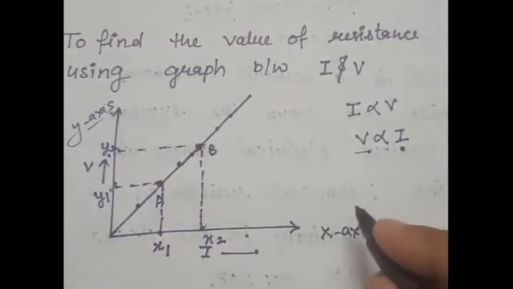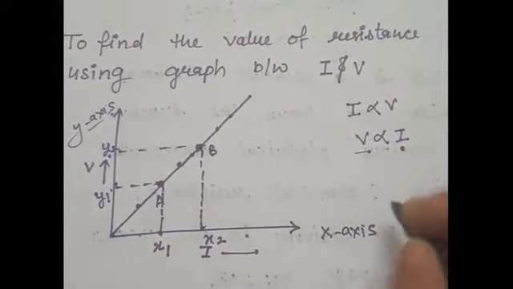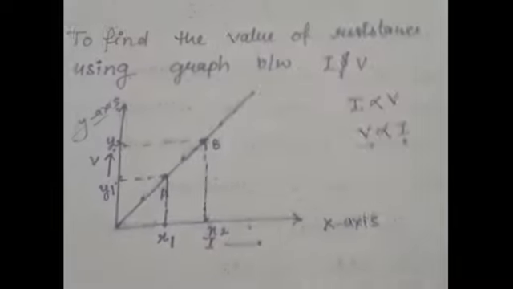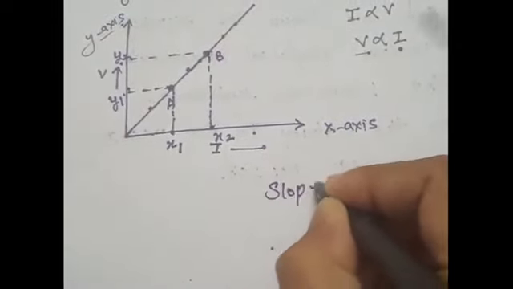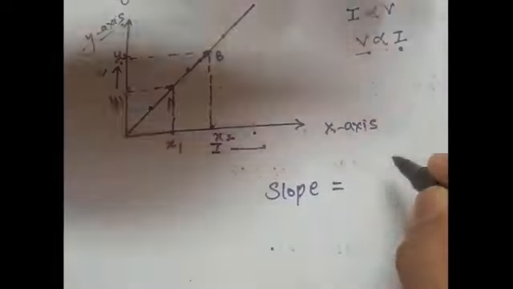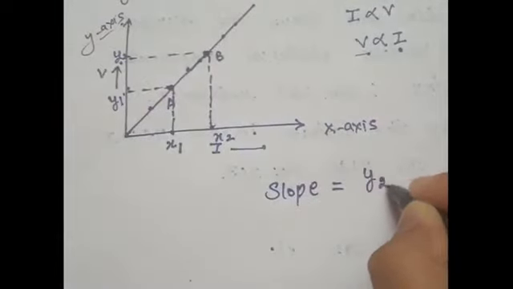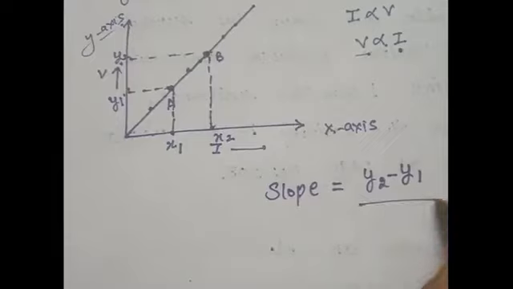The slope of a line is calculated in such a way that slope is equal to y2 minus y1 upon x2 minus x1.